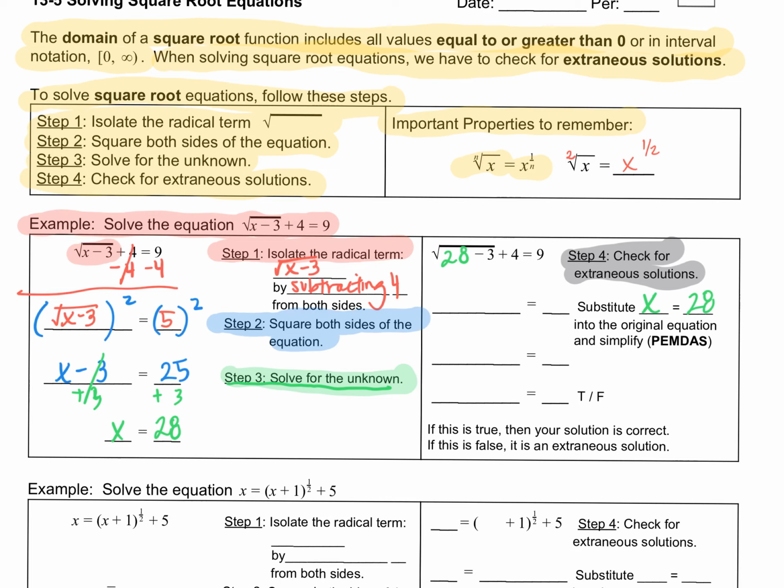The first thing I'm going to do is simplify what's inside my radical, and I'm going to have square root of 25. Then I want to simplify my radical, and that is going to give me 5. Then I'm going to add it together. 9 equals 9. That is true. So 28 is not extraneous. It is our only solution.